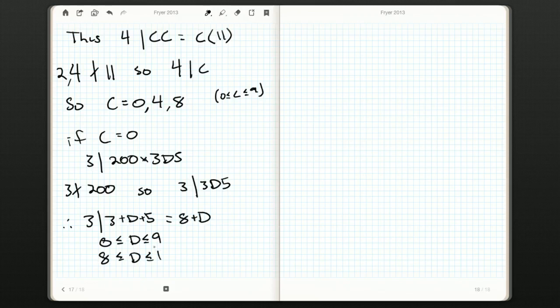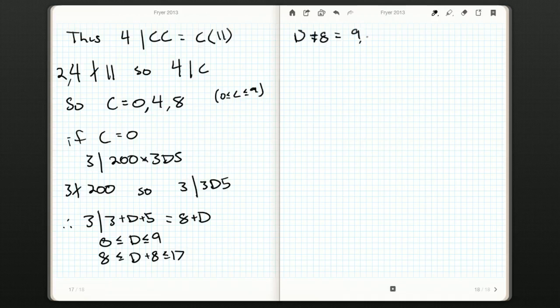So d plus 8 is going to be in the range 8 to 17. So d plus 8 can be 9, 12, or 15.